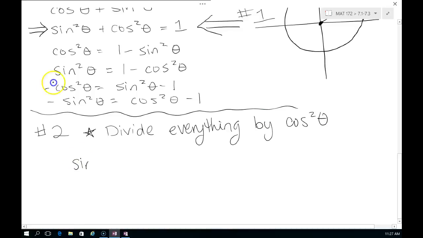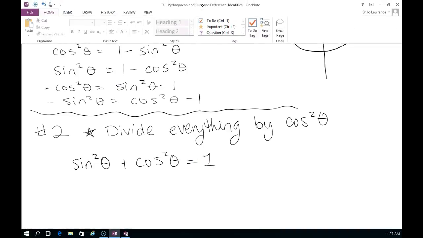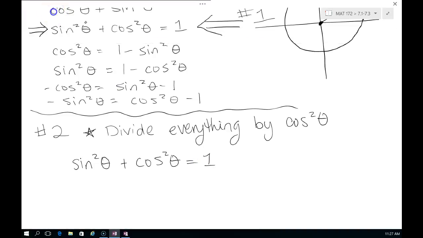So I've got sine squared theta plus cosine squared theta equals 1. I'm going to divide everything here by cosine squared, and then I'm going to simplify it using algebra and trig identities that we already know, the basic ones from last chapter.